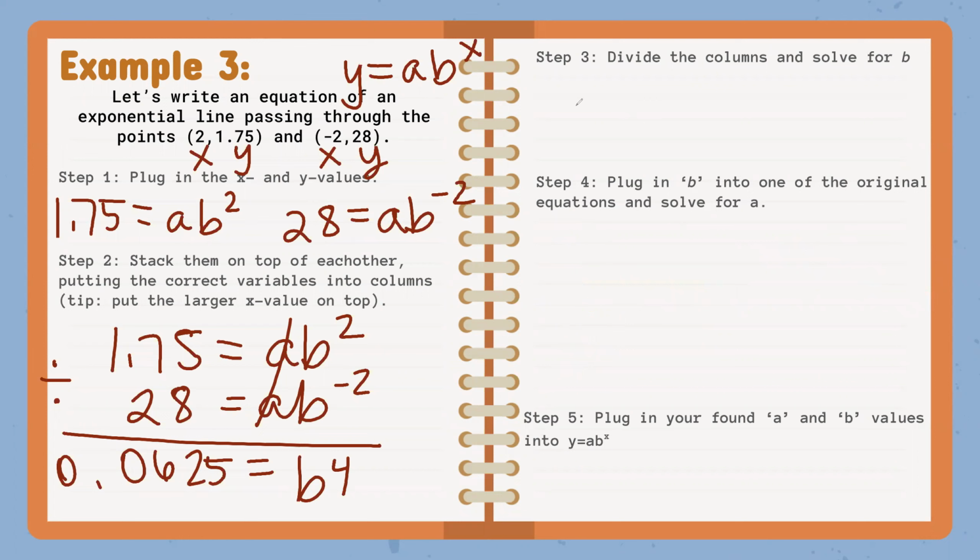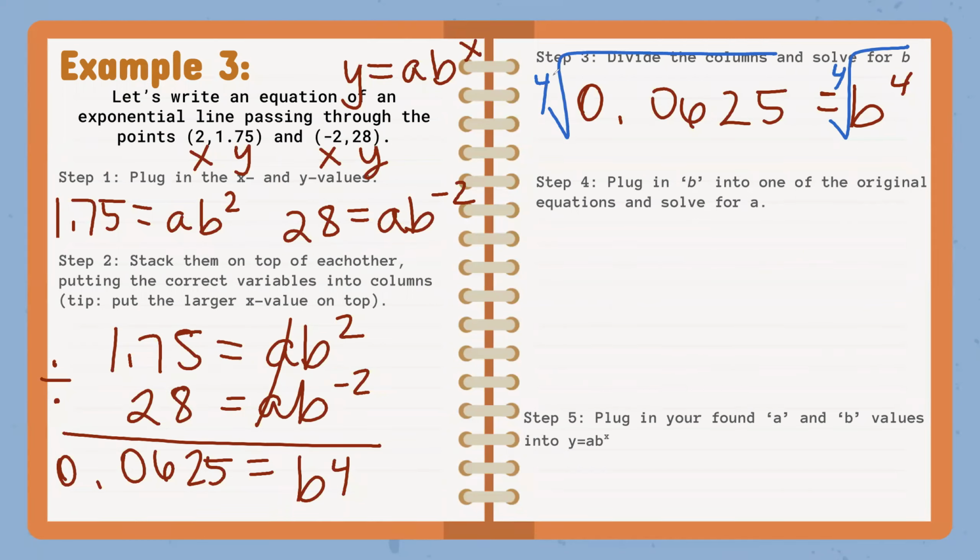I am now going to just rewrite it over here. And because it's to the 4th power, I am going to take the 4th root of both sides. And if I take the 4th root of 0.0625, I get the answer 0.5, a half.